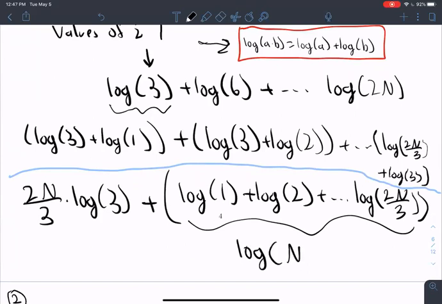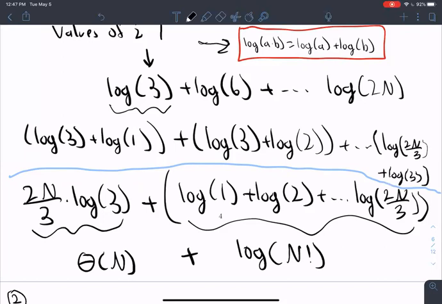So we can just write log of n factorial there, because it's close enough. We're doing a little bit of asymptotics here, before we take our theta. And then this thing over here is just some constant times n, so I'm going to put theta of n there.